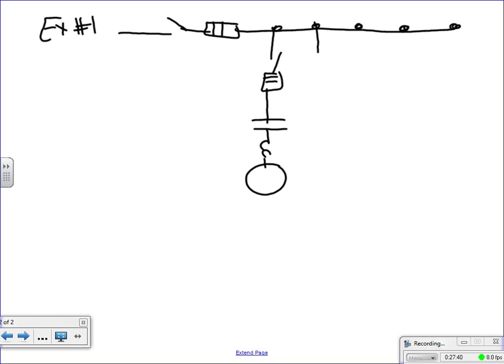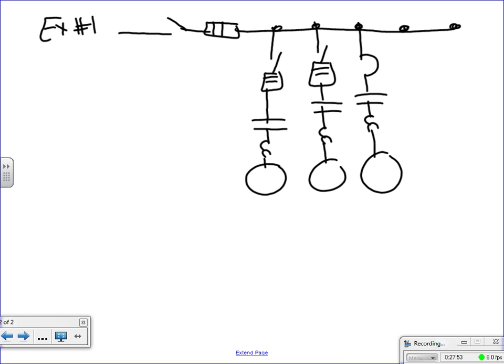And the same thing for each one of these. And I want to use the circuit breaker for this one, just because. And I'm going to use only 4, guys, and you can get the hang of it. Fuse, controller, overload, motor.